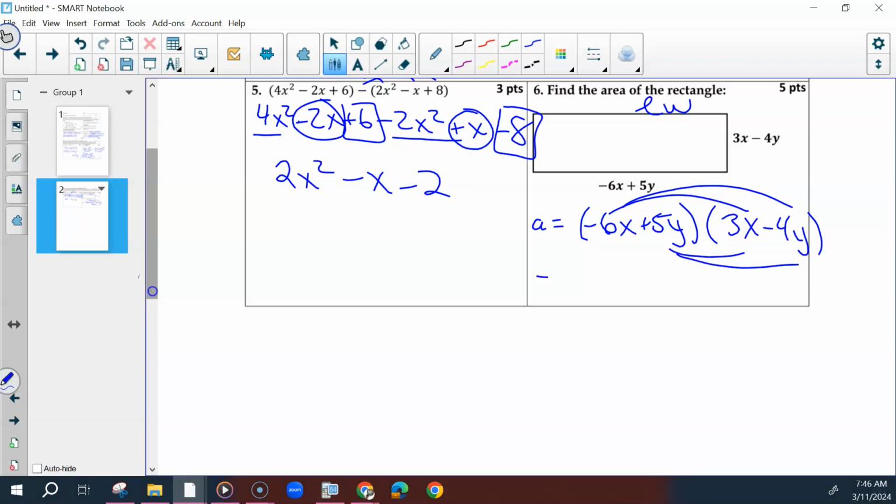But this should have been negative 18x squared, we're adding the exponents, positive 24xy, positive 15xy, and then negative 20y squared. And then combine like terms.